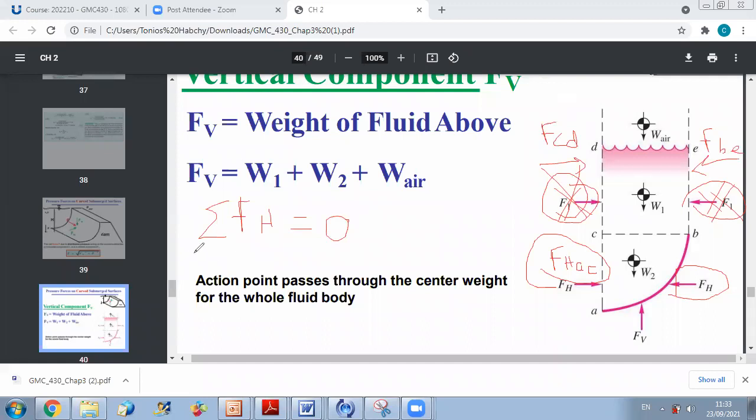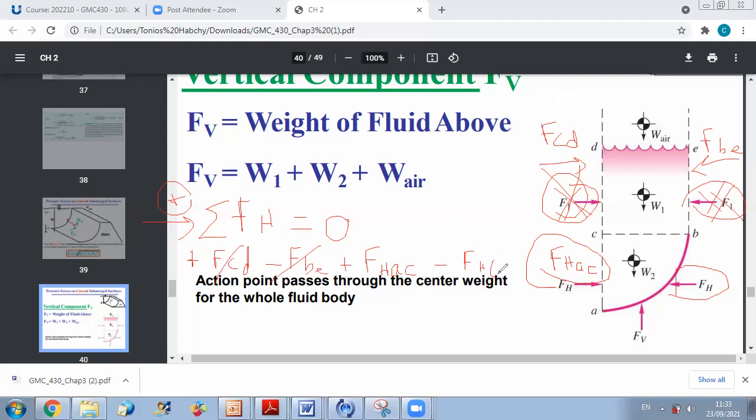So when I sum them, I will have the following. If I consider this is my positive direction, I will have plus FCD minus FBE, and these two I can cancel now, plus the horizontal force on AC, FH on AC, minus FH, and this is which component?